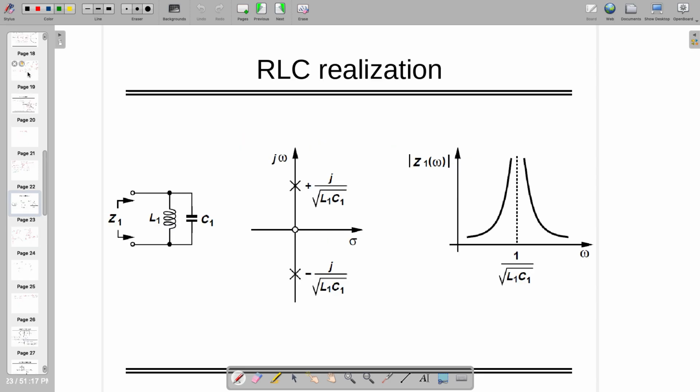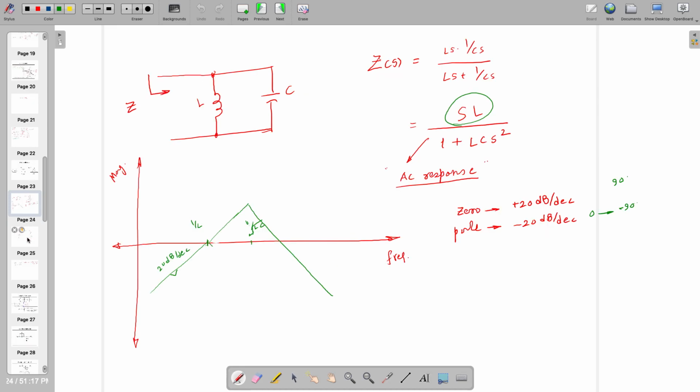Where is it? Yeah. If you have any doubt, Ujjwal. Yes, Anish. So we are drawing only for the positive axis. Otherwise, at the negative axis, the same thing is available.